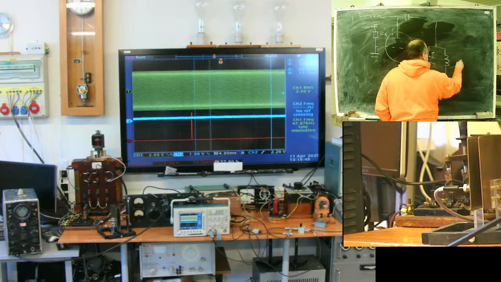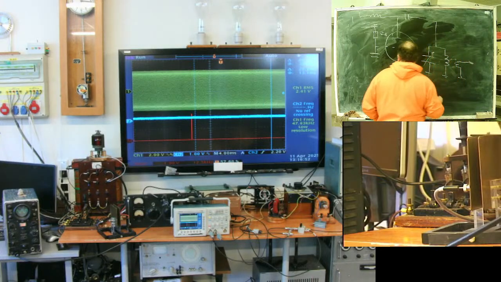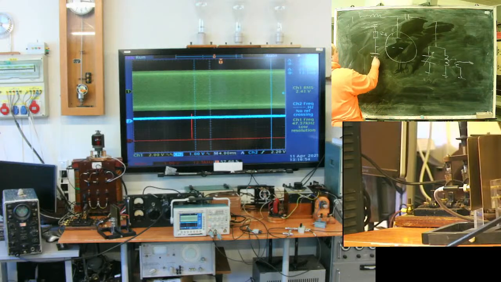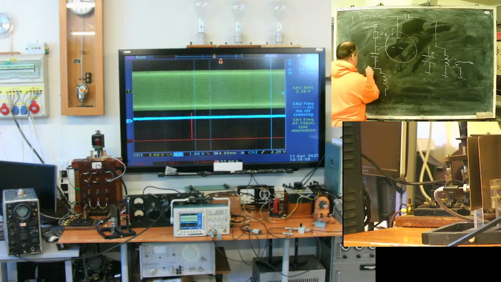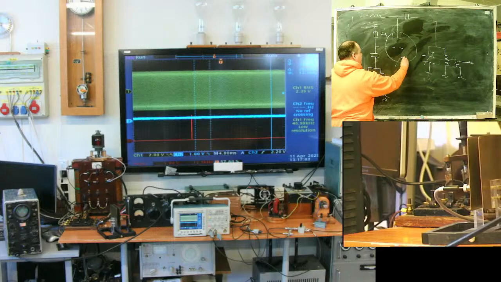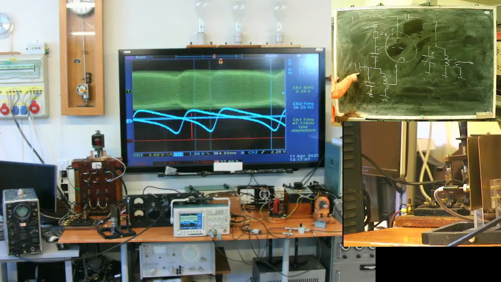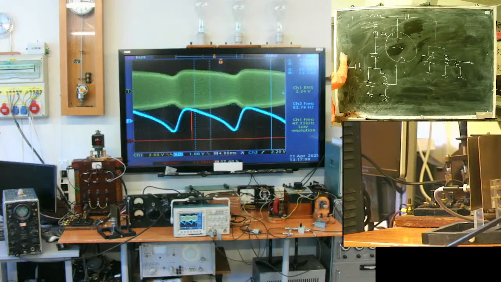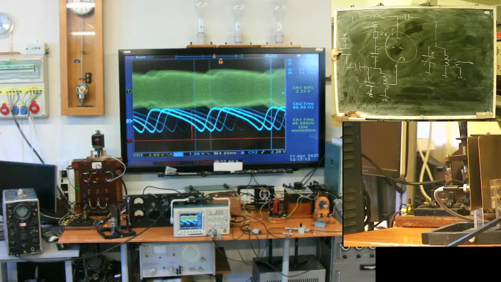Capacitor, coil. This is to get the output, the part we are interested in. I have a small capacitor, and now we have this capacitor.